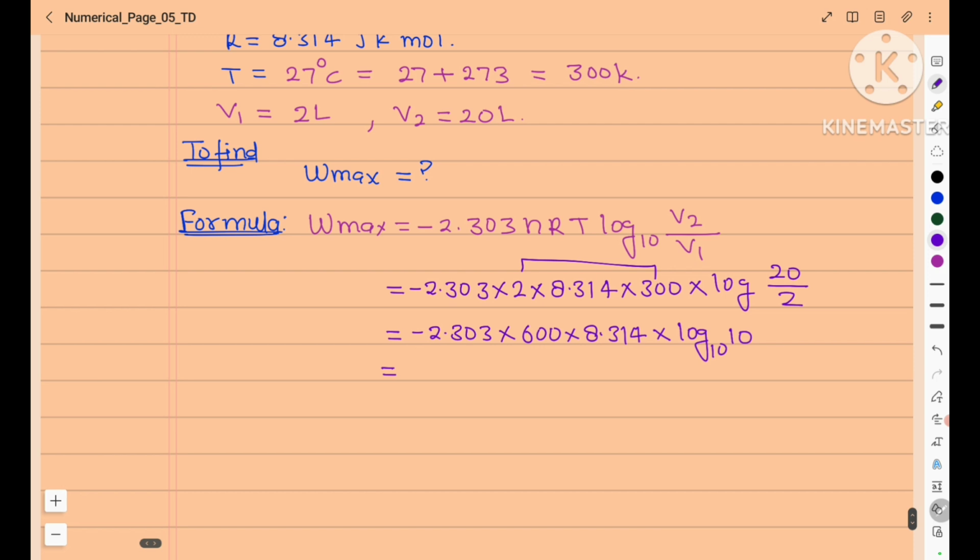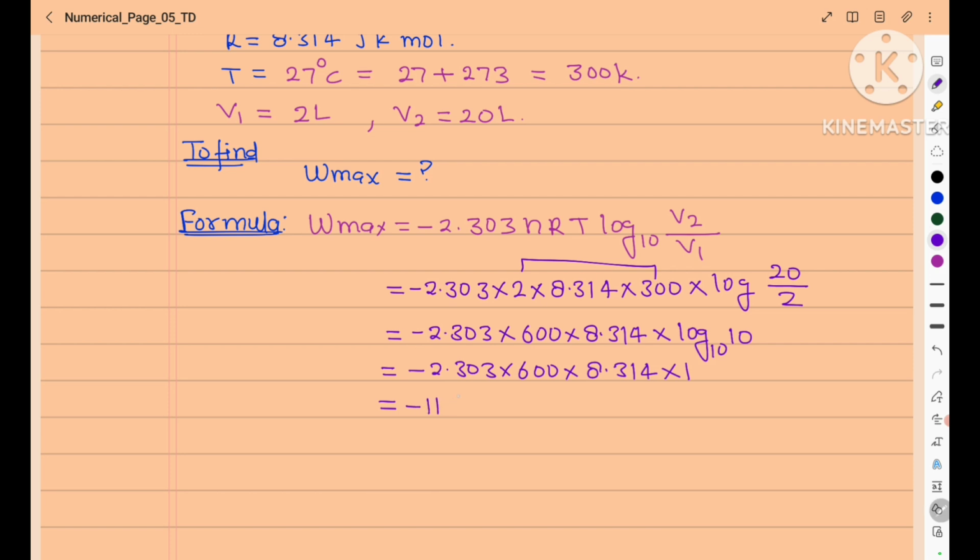So log base 10, the value of 10 is 1, so it becomes minus 2.303 into 600 into 8.314 into 1.